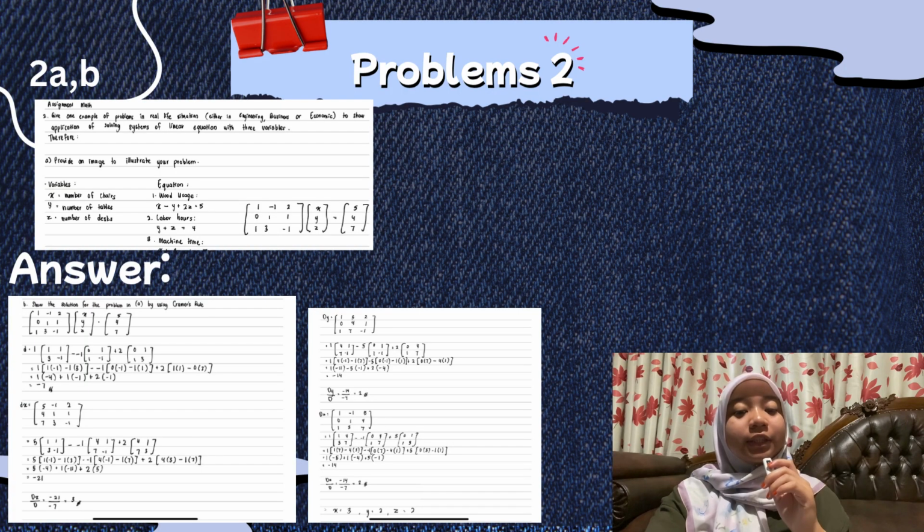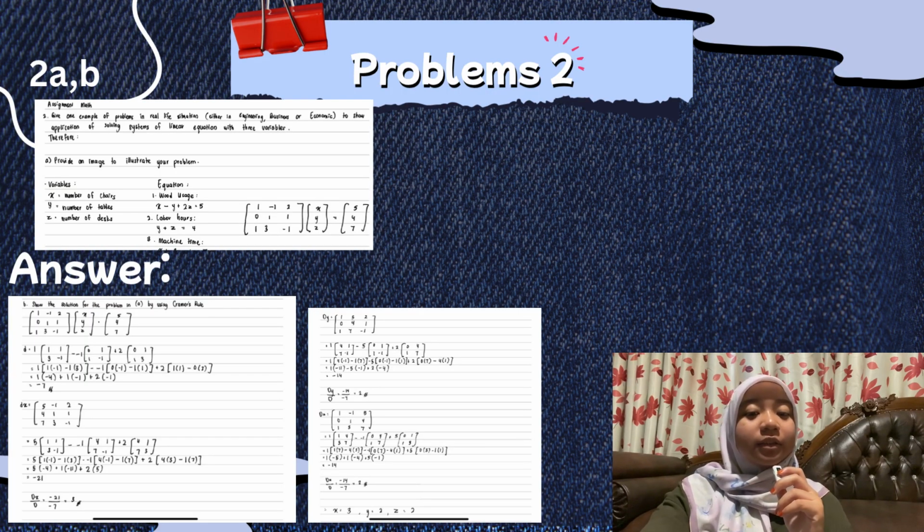For the first step, we need to find the main determinant. We start by calculating the determinant of the original matrix. The answer is -7. The value will be used to divide all the results later. For step 2, find the determinant for x, which is dx.